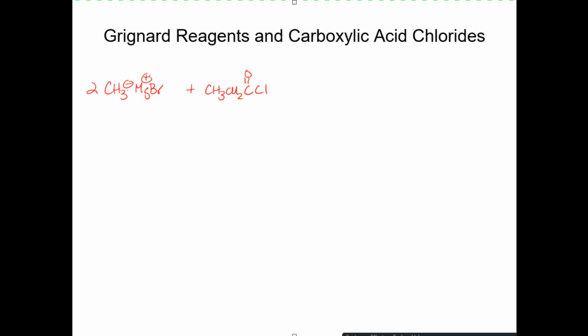So a carboxylic acid chloride has a chlorine atom attached to the carbonyl. And we'll talk about these molecules later on in the semester. But a carboxylic acid chloride is going to react with 2 equivalents of Grignard. So the CH3-, the first equivalent, is going to come in, add to the carbonyl, and form the alkoxide.